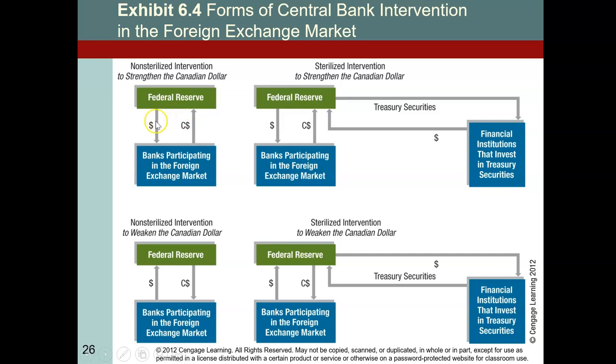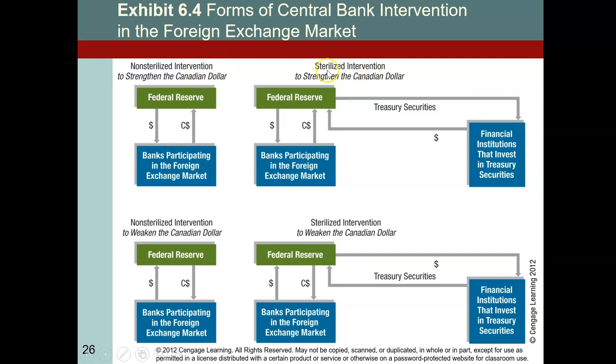By exchanging dollars for Canadian dollars, we are selling US dollars and purchasing Canadian dollars. So this way, we're increasing the demand for the Canadian dollar and strengthening it. And we're doing nothing else. So this is non-sterilized intervention.